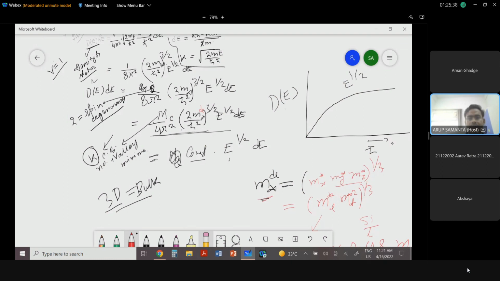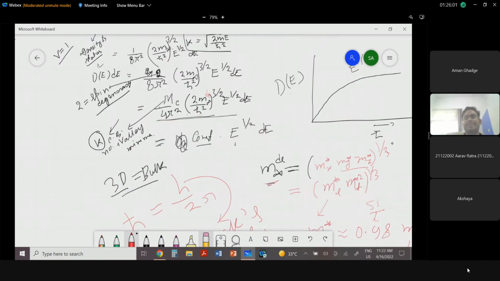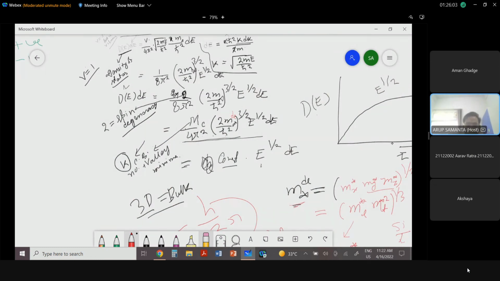For bulk silicon, if you want to get MC, the value is 6, and you can consider this value, and the 4 pi squared. h bar is h by 2 pi, where h is Planck's constant. So you know this value. So you can calculate the density of state variation with energy by this formula.